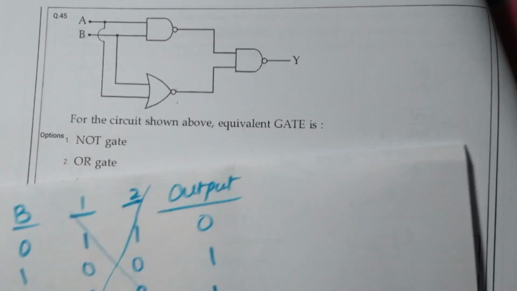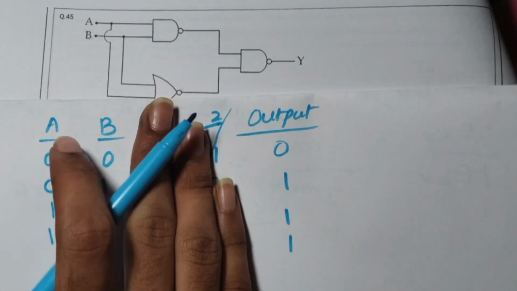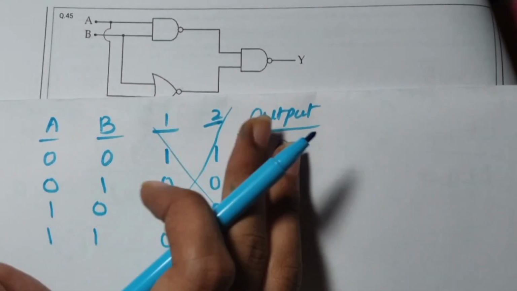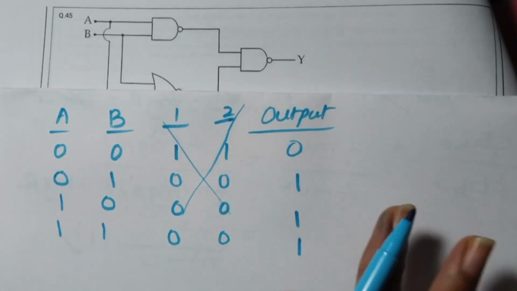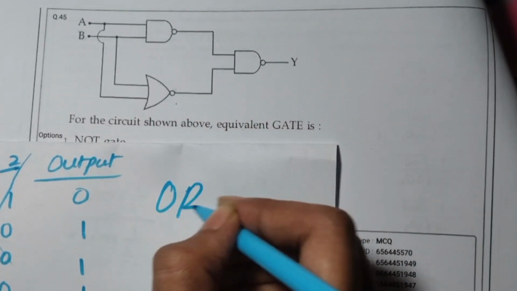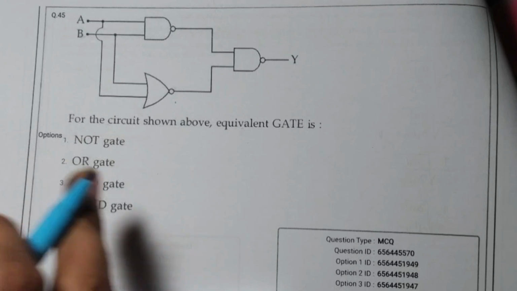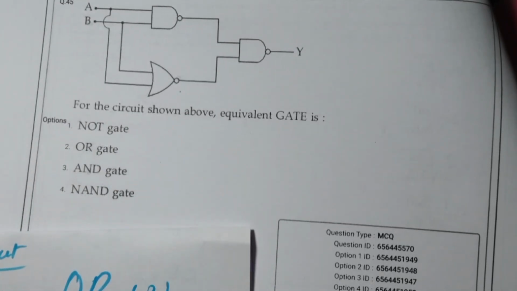So only observe these A, B and final output: 0 0 gives 0, 0 1 gives 1, 1 0 gives 1, 1 1 gives 1. So it is equivalent to an OR gate, which is given in option number 2.